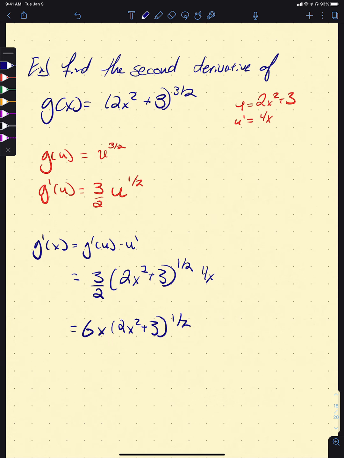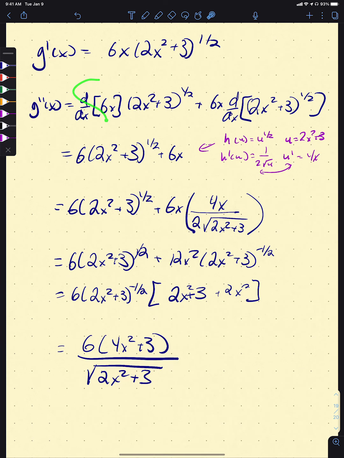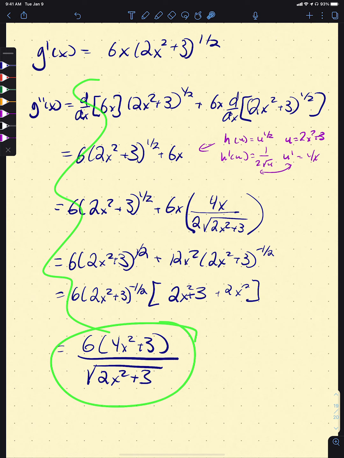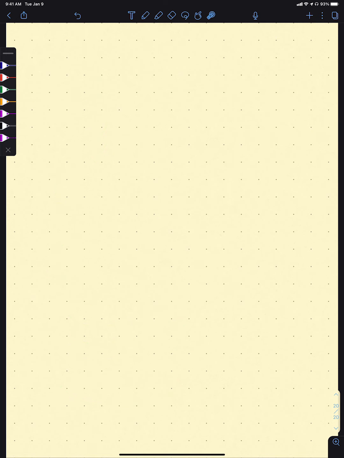It looks substantially cleaner than one would think when you're going through all of this process. It's a single fraction. As I've said, after the exam we'll spend a little bit more time exploring the second derivative and its geometric implications and what we can do with that.